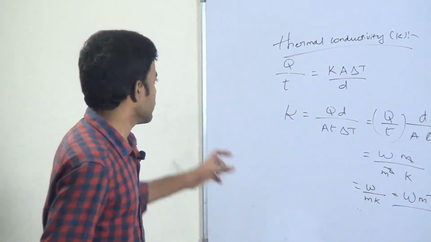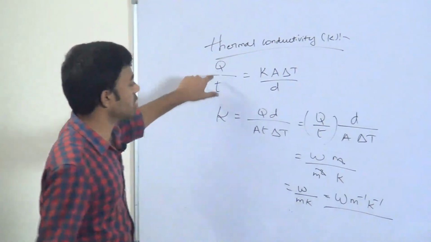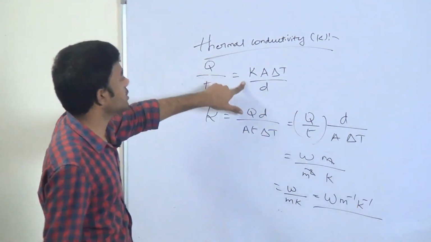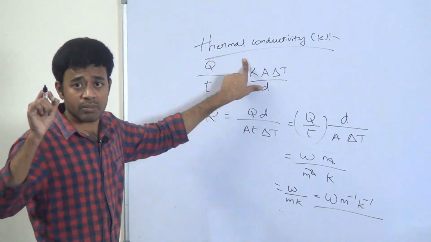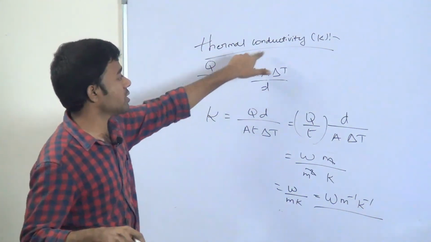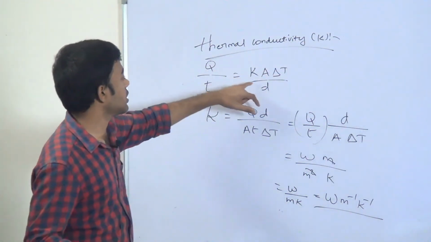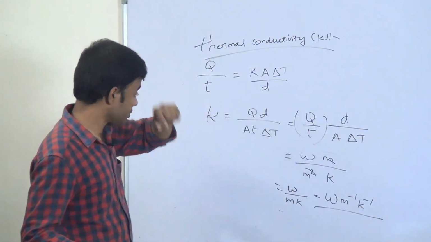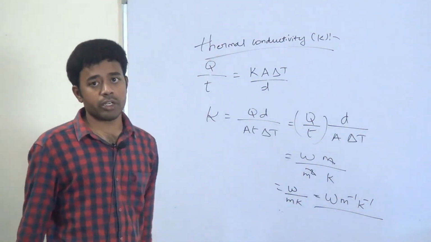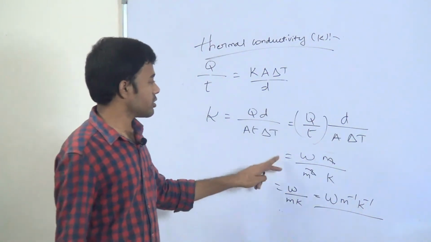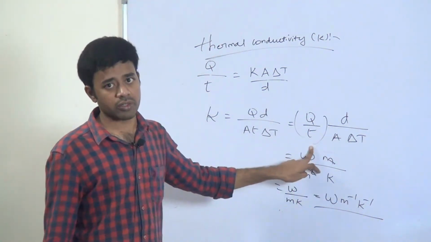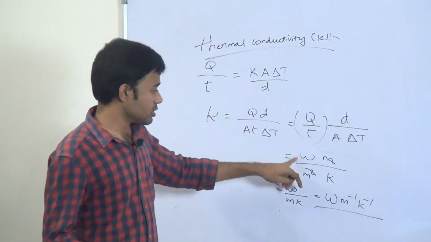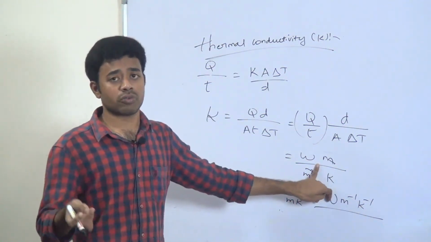So here we have the rate of flow of heat Q by T equal to KA into delta T by D. Here it is asking about thermal conductivity K. So we can write K equal to Q by T into D by A into delta T, the change in temperature. Q by T gives the rate of flow of heat, which has a unit of watt.